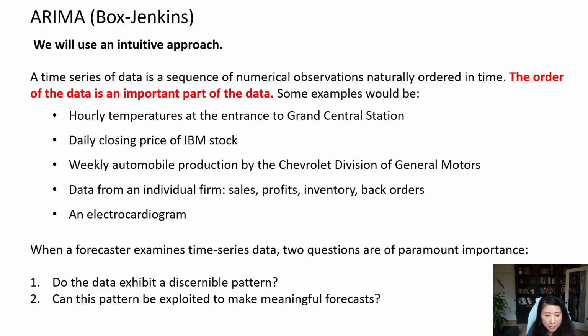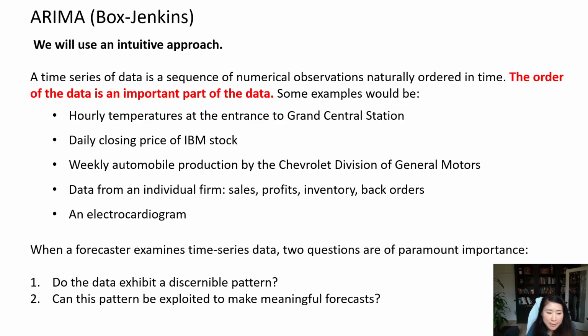A few examples of data that belong to time series are the following. First, the hourly temperature at the entrance to Grand Central Station. Although the data is about temperature, it has an order by time.